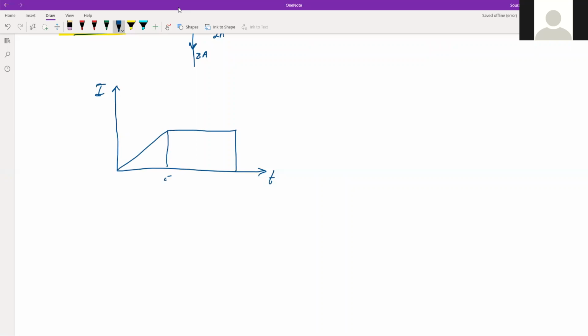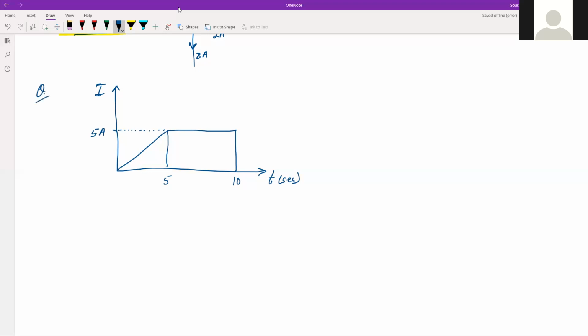Given that this is 5 seconds, this is 10 seconds, and this point is corresponding to 5 amperes. It shows a plot of current through the cross section of a wire over a time interval of 10 seconds, and current is in amperes. You have to find the amount of charge that flows through the wire.